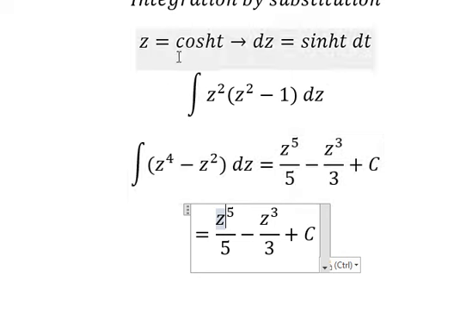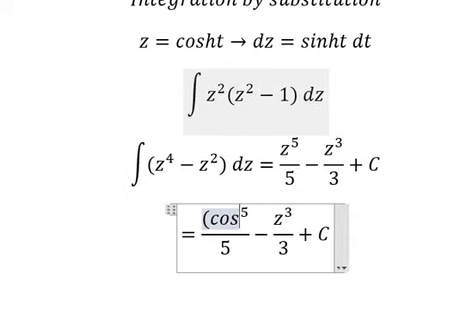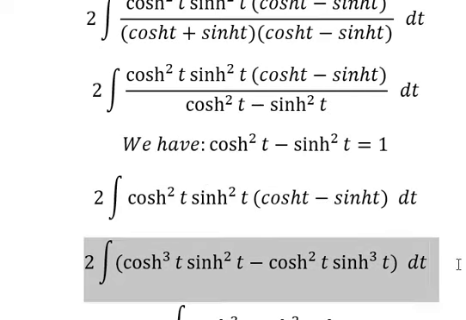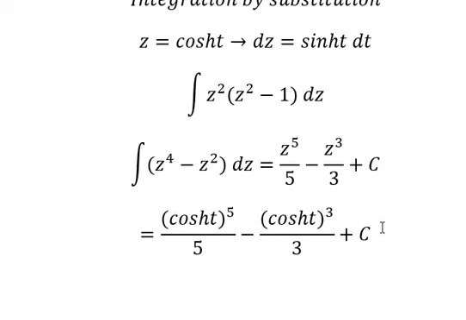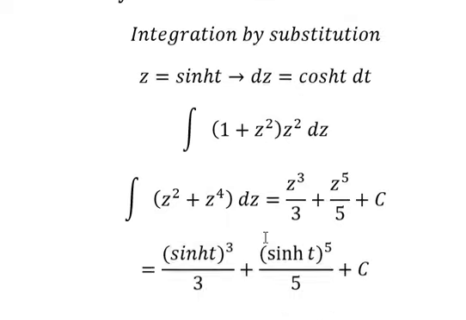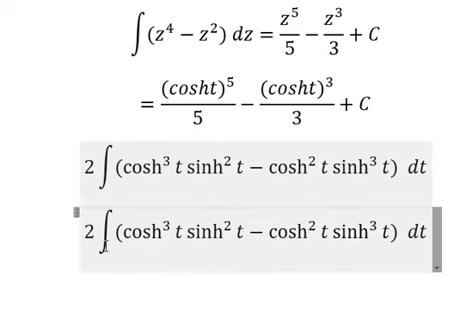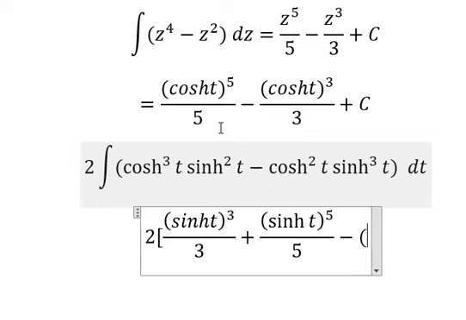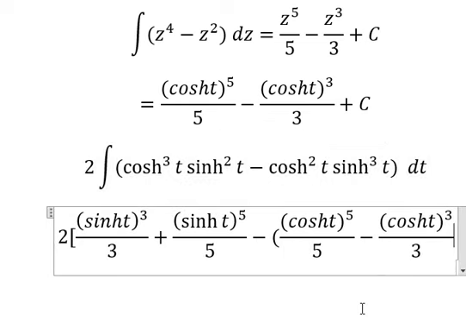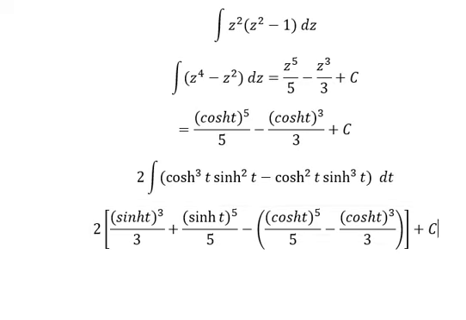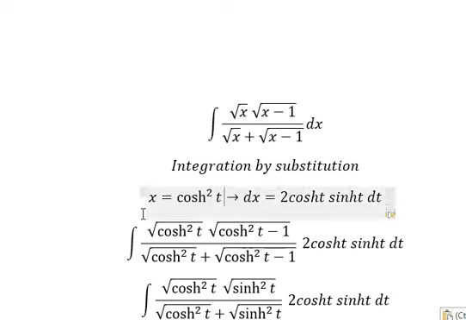About z, that is cos t. Now we need to go back in here. So the integration of this one is this one. This one is this one. So about t, that is this one.